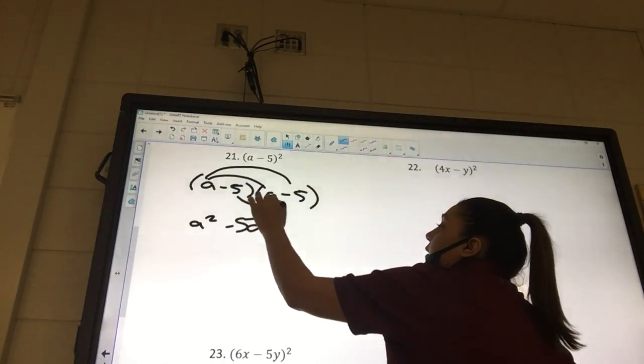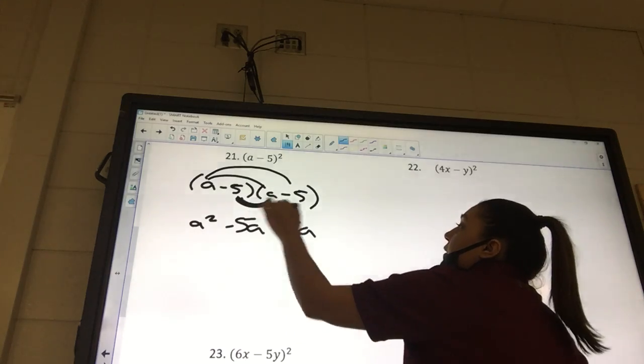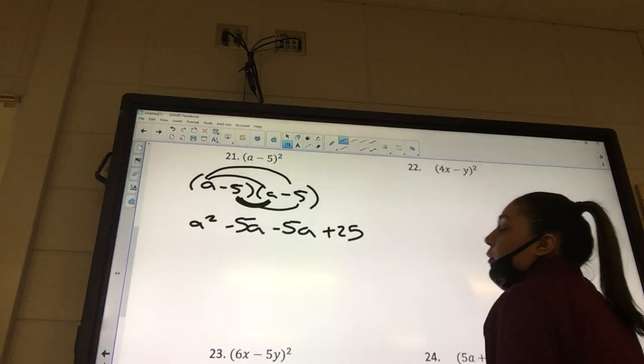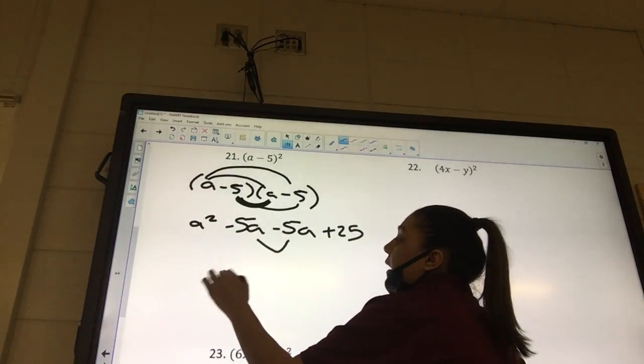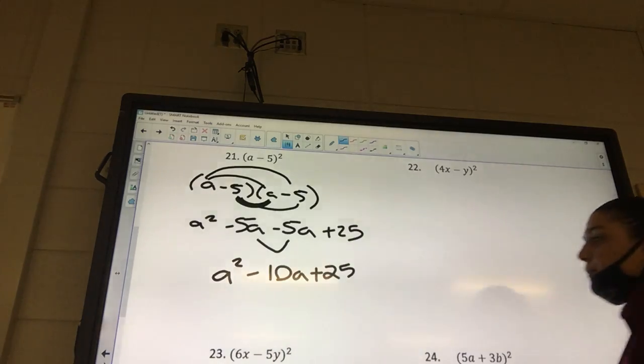The inner, negative 5a. And the last, positive 25. So for the middle then I'm going to have a squared minus 10a plus 25.